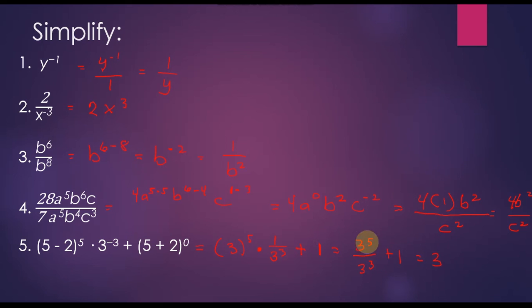Equals 3 raised to 5 minus 3, plus 1. 5 minus 3 is 2, plus 1. And then 3 squared is equal to 9, plus 1, that is 10. So this is your answer for number 5.